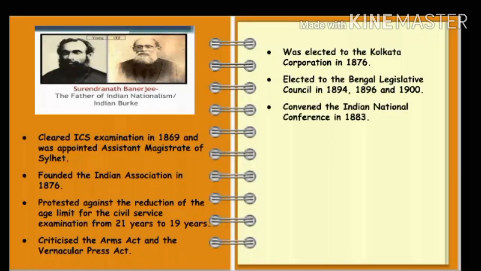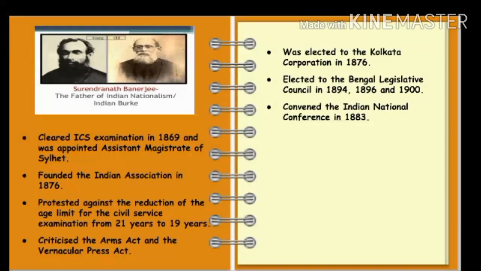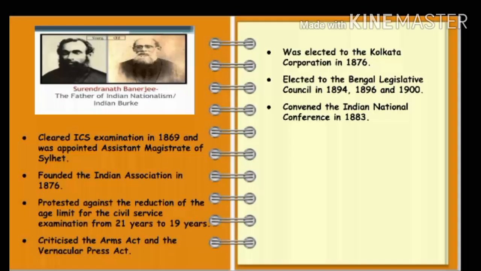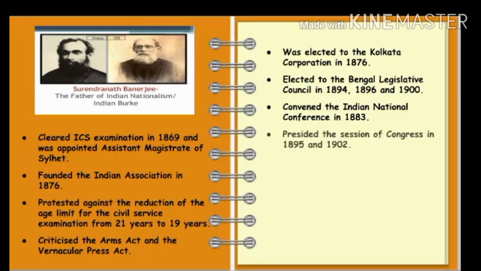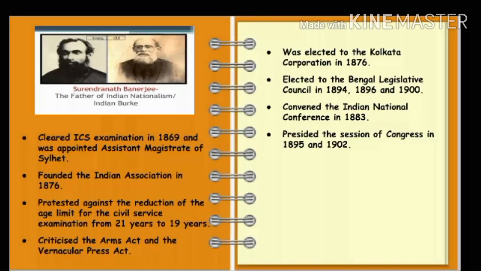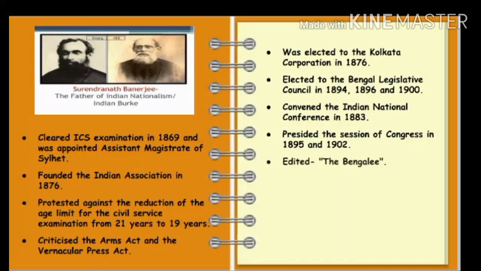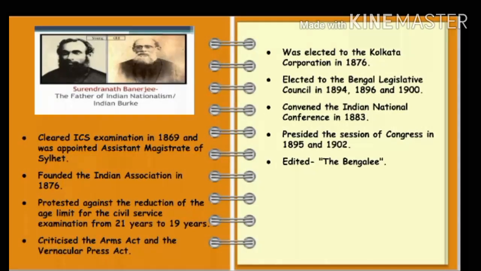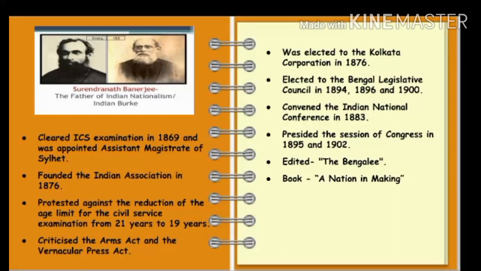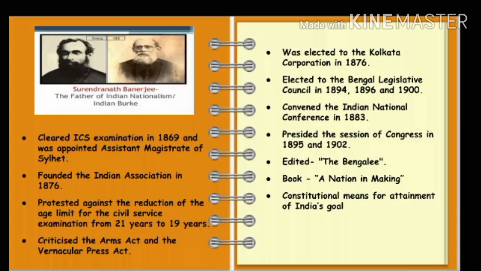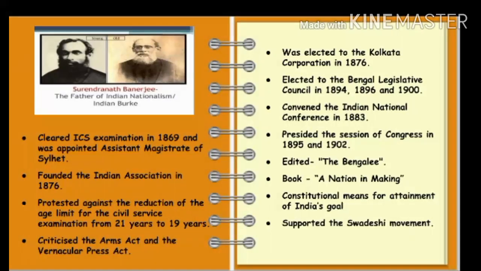He also convened the Indian National Conference in 1883 and presided over the Congress session in 1895 and 1902. He edited the Bengalee and wrote a book called A Nation in Making. He believed in constitutional means for the attainment of India's goal and supported the Swadeshi movement.